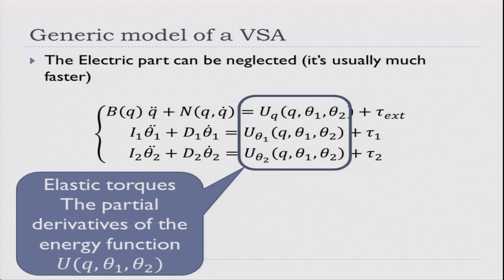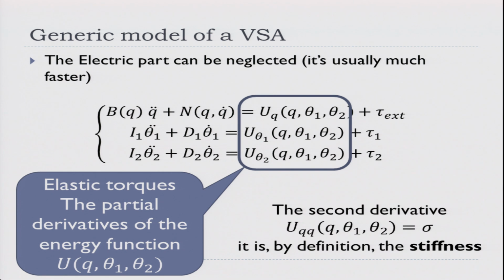So the force on the link is the partial derivative with respect to Q, and the force on the two motors is the partial derivative with respect to their angle. And also the second derivative with respect to Q, U_QQ, is by definition the stiffness on the output, which is what we want to control with the variable stiffness system.